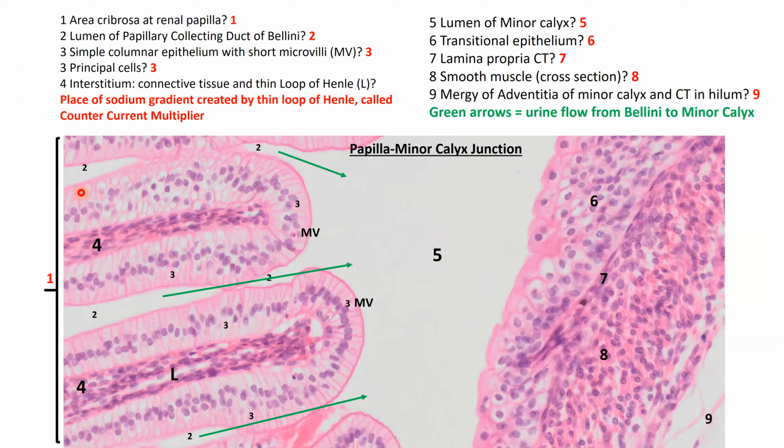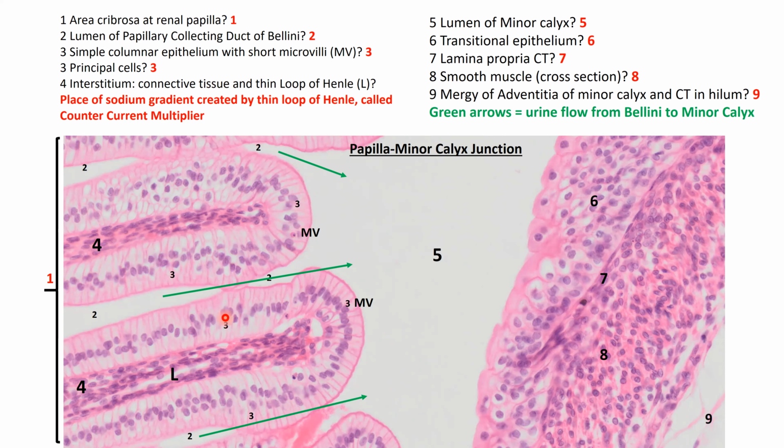And the tube is lined with simple columnar epithelium with short microvilli, which is this pink line. And these cells have a name. You remember? These are called principal cells. And what's this sharp pink in the middle? This is the interstitium, guys. This is where there is connective tissue holding the thin loop of Henle. And of course, the vasa recta is also right there.